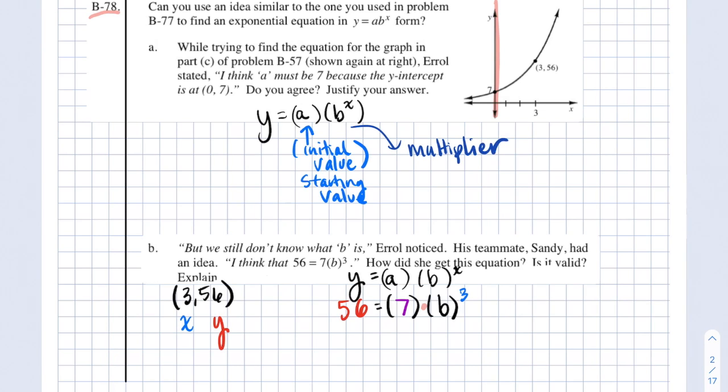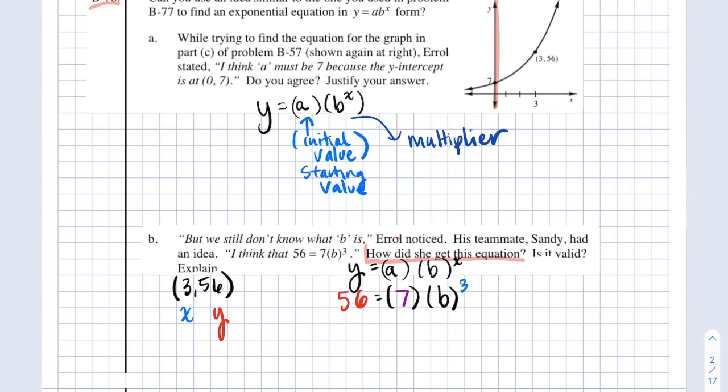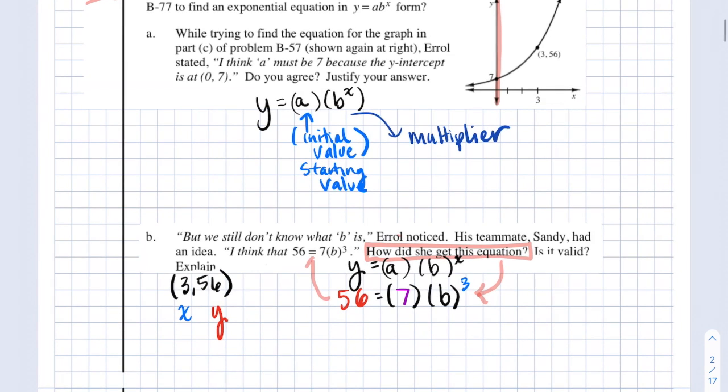So we were able to figure out how she was able to write the equation. So the first question was, how did she get the equation? We're able to substitute everything in and get the equation that we have here. The next question is, is it valid?